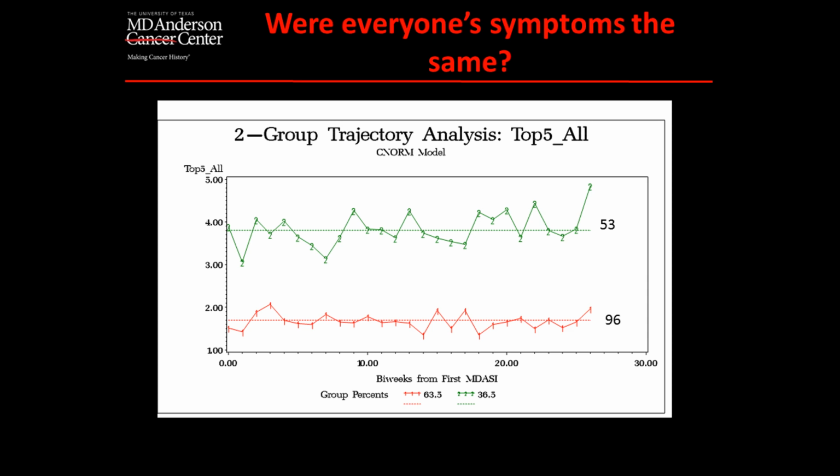Were everybody's symptoms the same? No, they were not. We used a specific statistical technique called trajectory analysis, where the computer took all of the symptoms over the course of the year. So this shows over the course of the year.